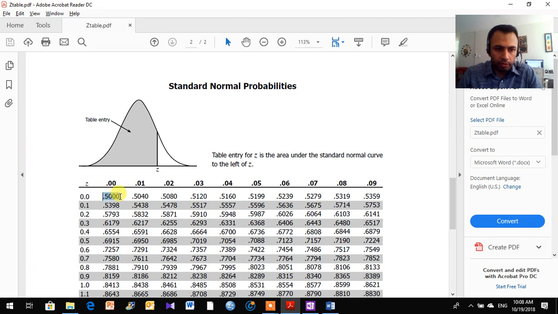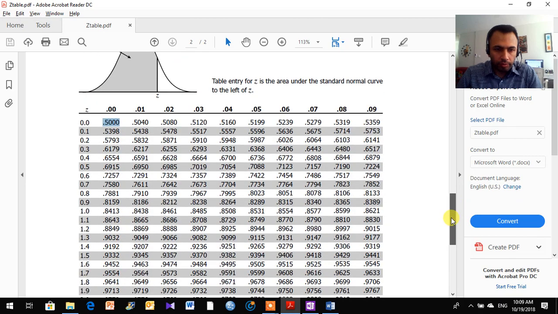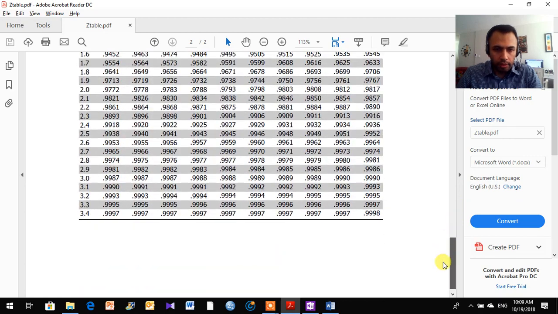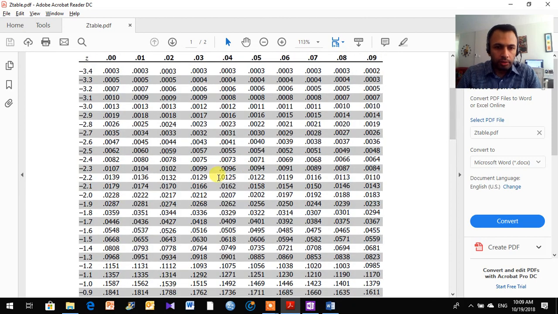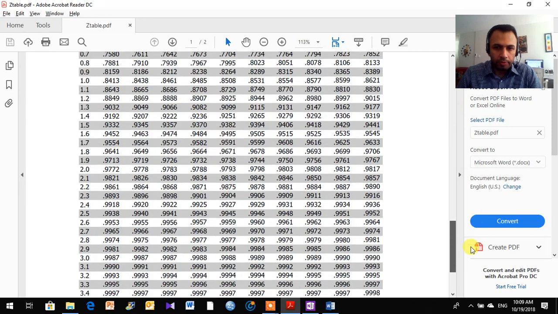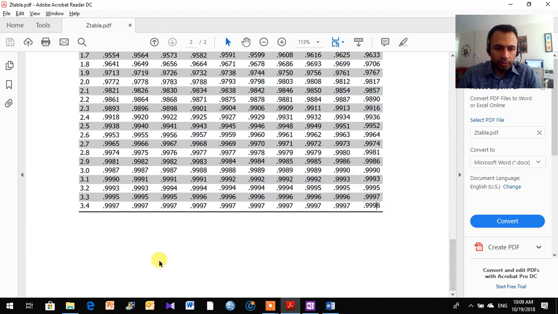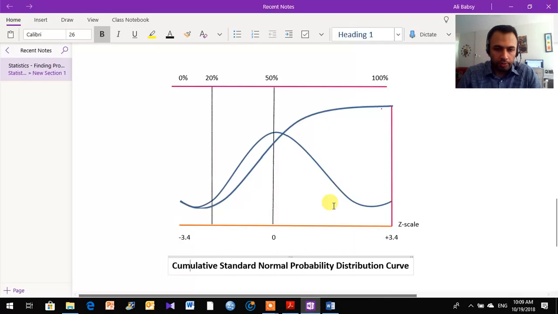So we have covered halfway through, and these two values, 0% till 100%, they define our definition of cumulative.